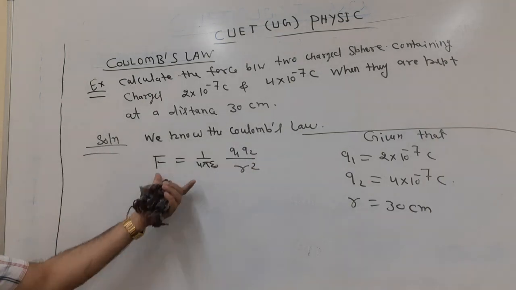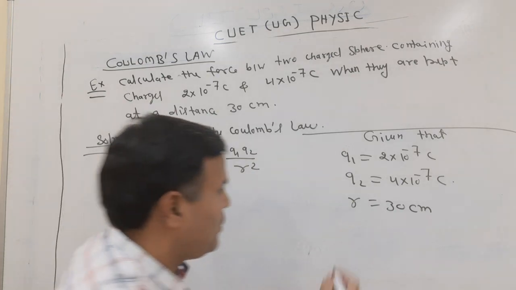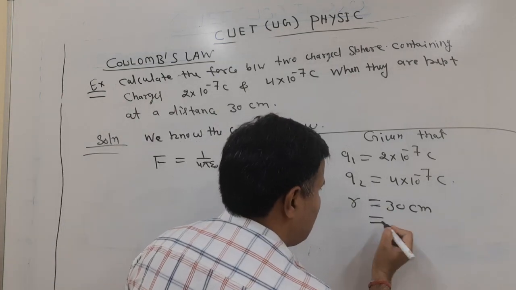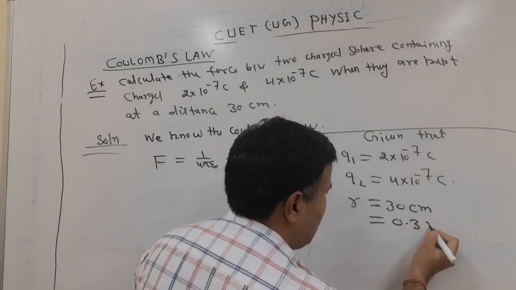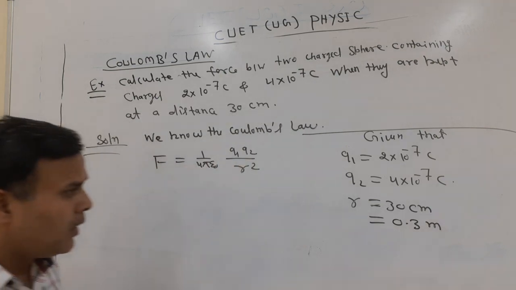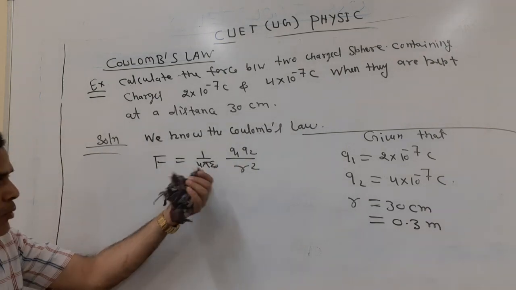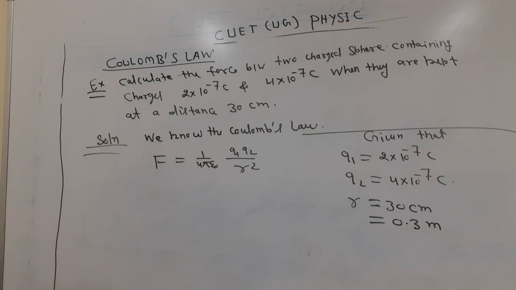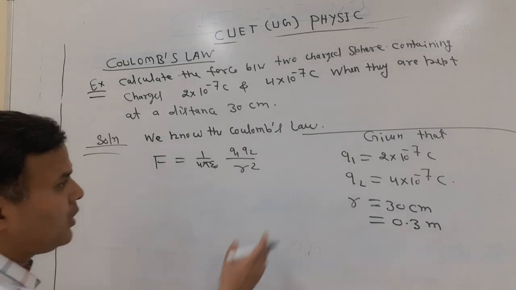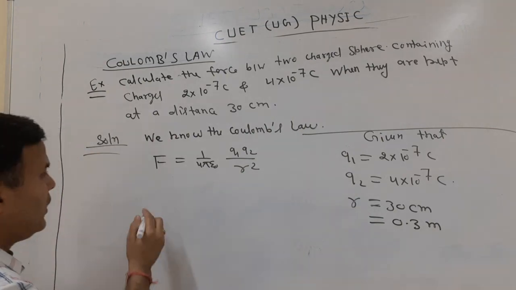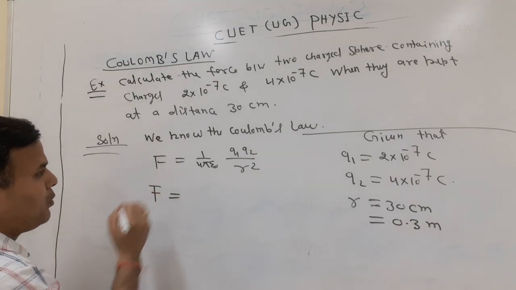Since this is the MKS system, we have to convert 30 centimeter into meters. We know the value of 1 upon 4 pi epsilon 0, so now we put in the values of Q1, Q2 and R to find the force.